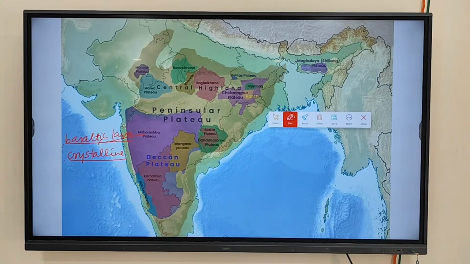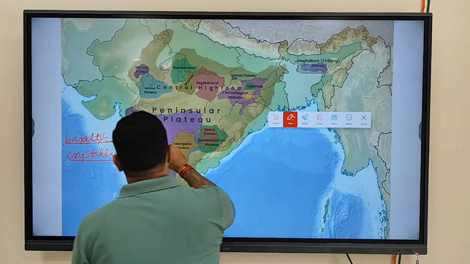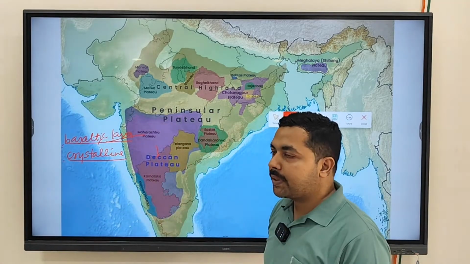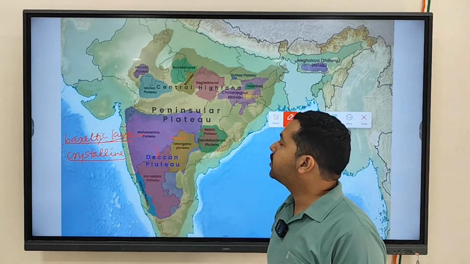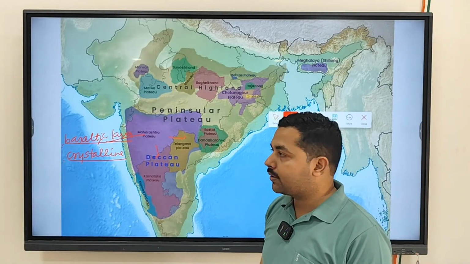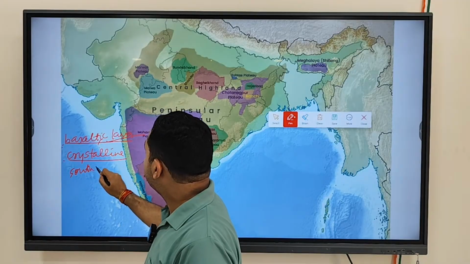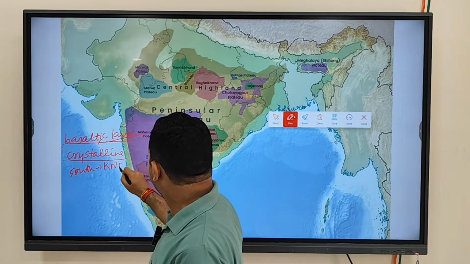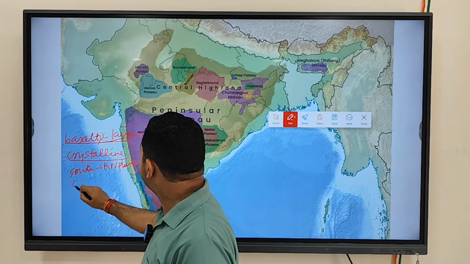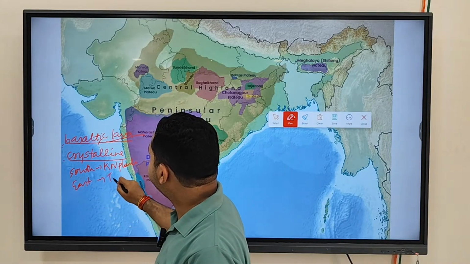Clear? This Maharashtra plateau merges in the south with the Karnataka plateau. On the eastern side, it merges with the Telangana plateau.